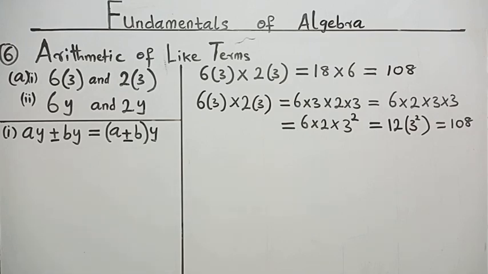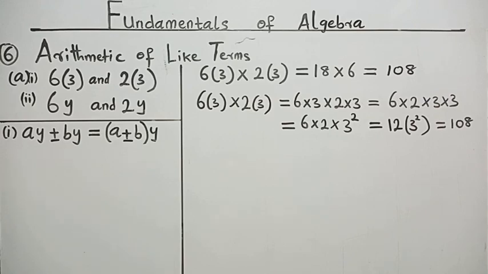By applying an association of numbers, that is applying associative law, we can isolate this 6 and 2 to be near each other like this, and let the two threes also stay near each other as they appear. Now, this has become this. The difference lies in the arrangement, but the result is the same thing.